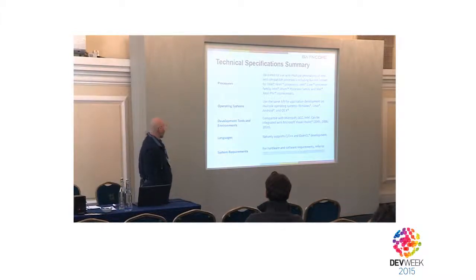Okay, so for the system requirements, just go straight to the website. As I said, it's validated for use against Intel Xeons, Intel Core, that's typically the i3, i5, i7, the Xeon Phi, the Intel Atom, and that was the other processor I couldn't remember.